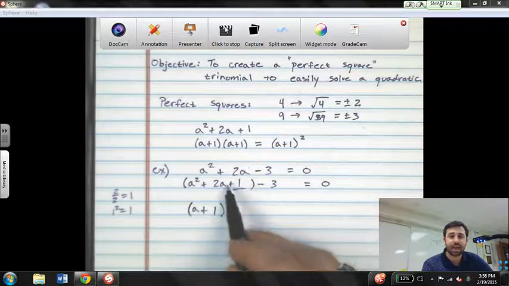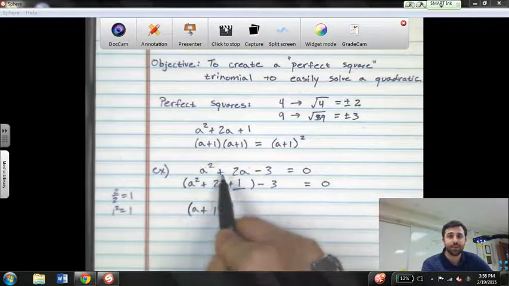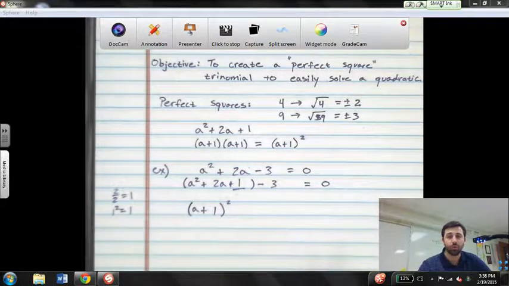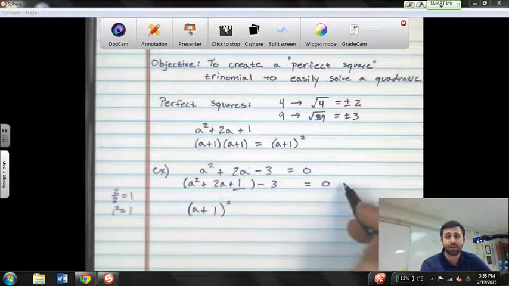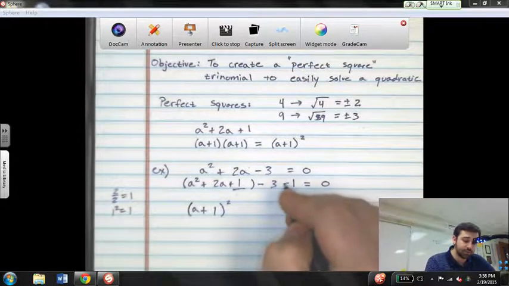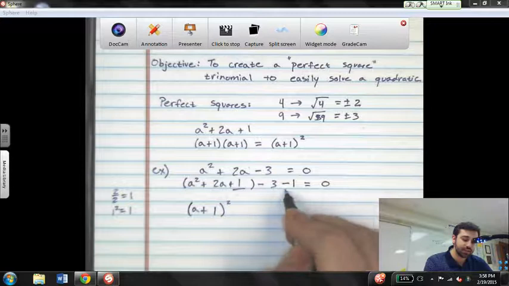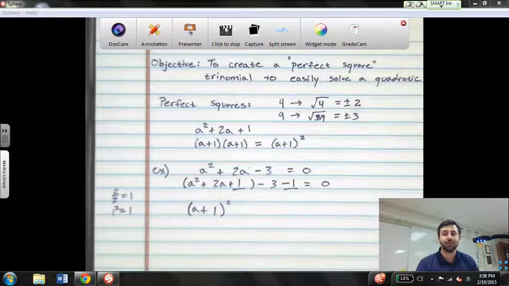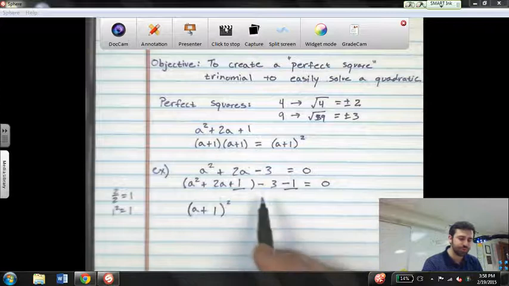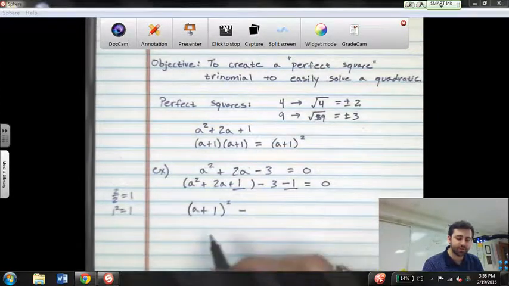Since I added a value inside this grouping, I need to add it to the other side of my equal sign, or I can subtract it from this constant. This balances out. We can't just add a number to change an equation without doing it to the other side in order to maintain balance. When I simplify, negative 3 minus 1 gives me negative 4.